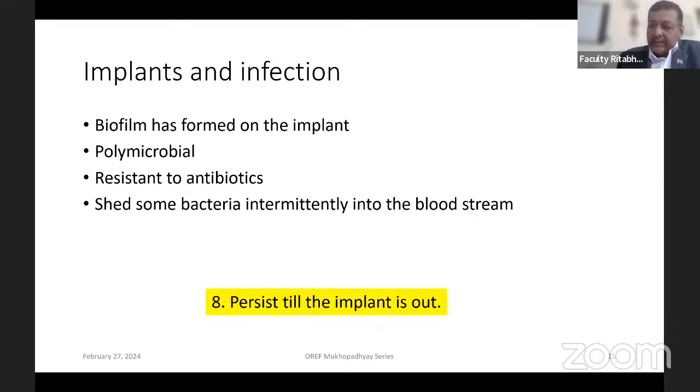And unless the biofilm is out, the infection is going to persist. And unless the implant is out, the infection cannot be eradicated. So a biofilm basically suggests persistence of infection. And mostly the biofilms form on dead soft tissue, dead bone, and implant.